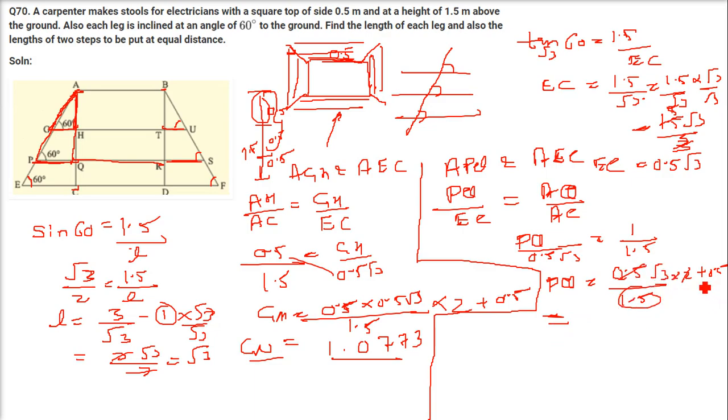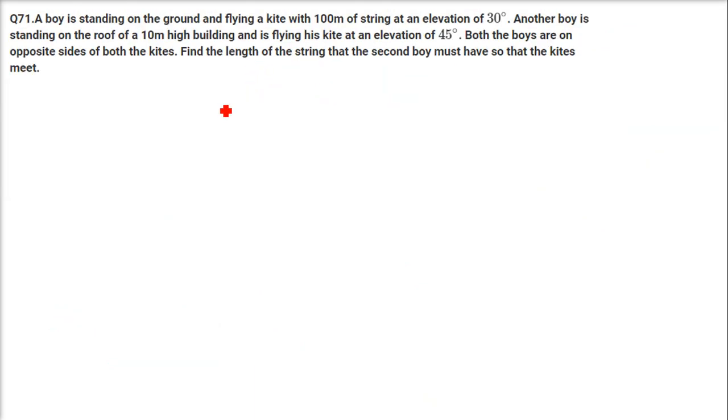Now I have to add 0.5 also. So plus 0.5, and this is going to be 1.654. So this is PS. So PS is going to be 1.654 and GU is going to be 1.077. This is the solution.